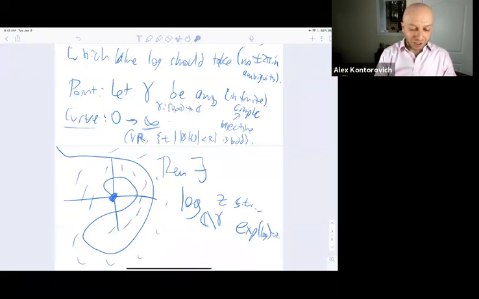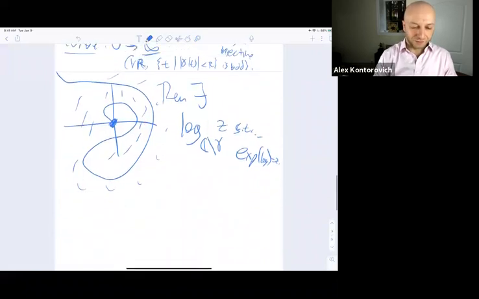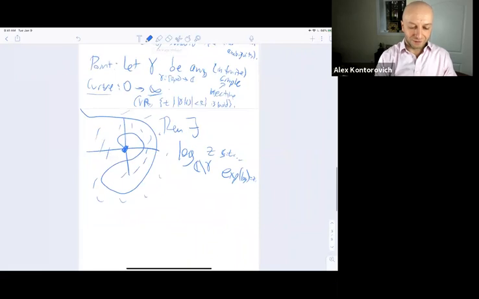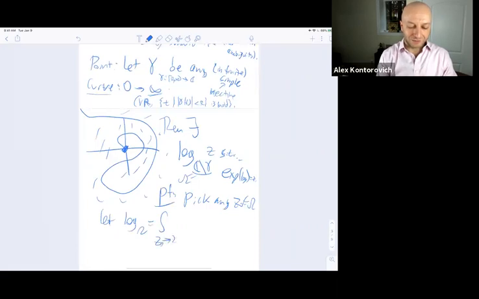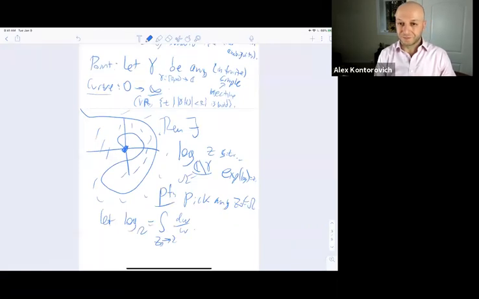There is a branch cut. The proof is: pick any z0 in the region, this is omega, and let log omega, as usual, be the integral from z0 to z of dw over w.